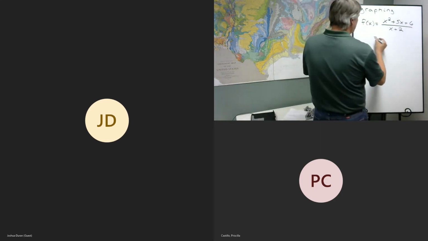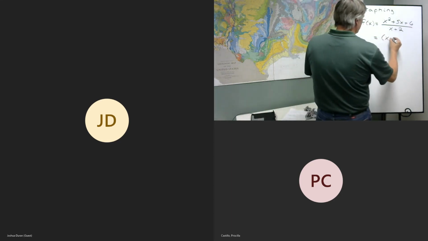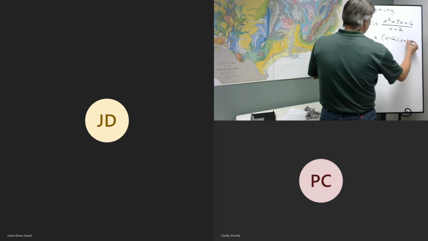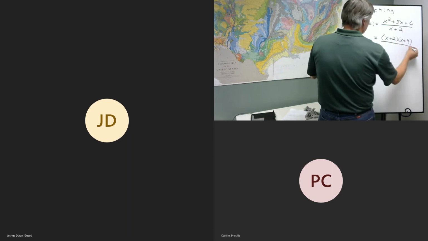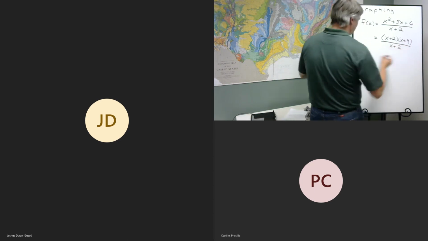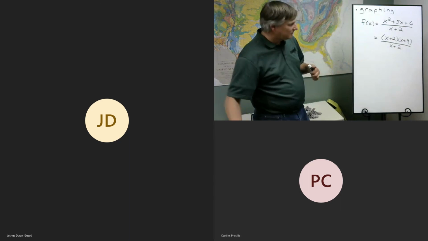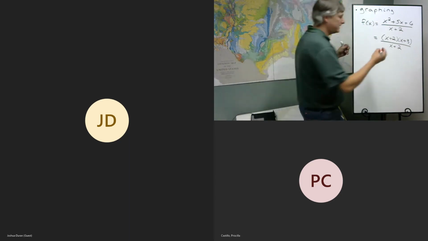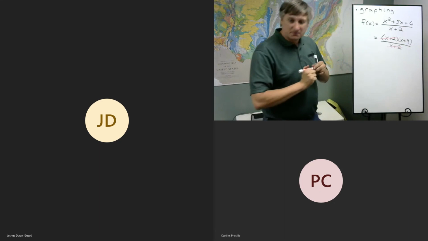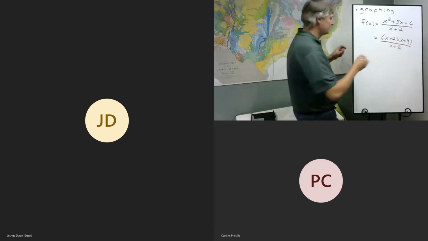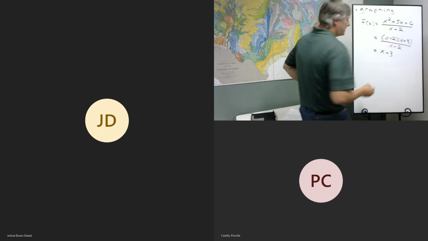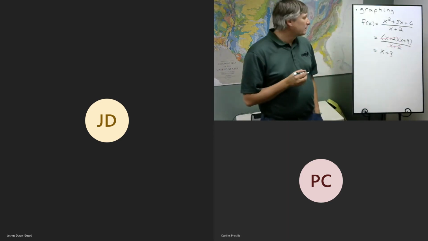But we've seen that we can factor x squared plus 5x plus 6 into this. And what we can do is cancel the x plus 2's. And we're going to get x plus 3.